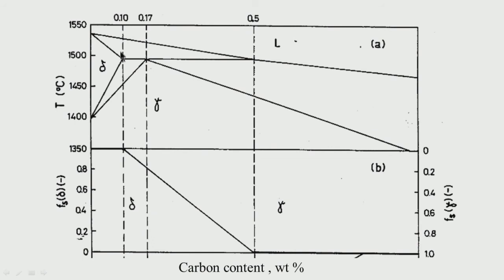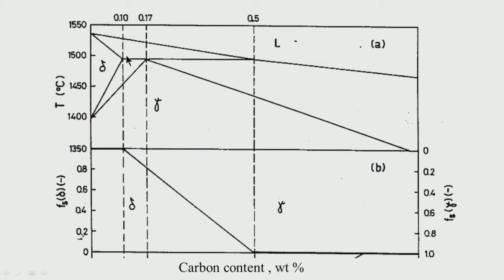So, you see, delta to gamma is taking place where, if it is during solidification, that means between this 0.1 to 0.5% carbon, at what stage delta to gamma is taking place, that is important.